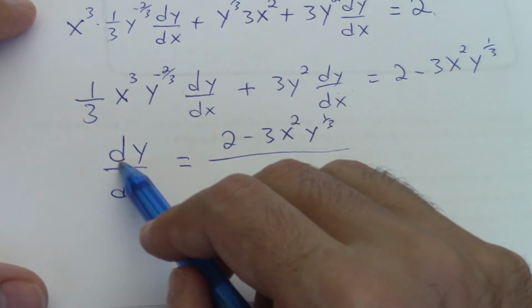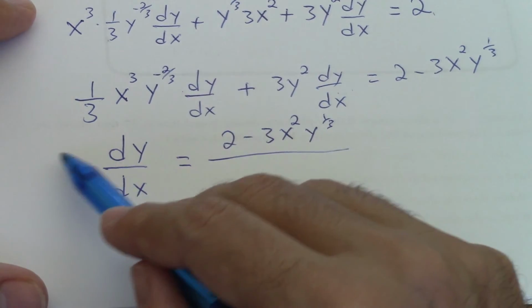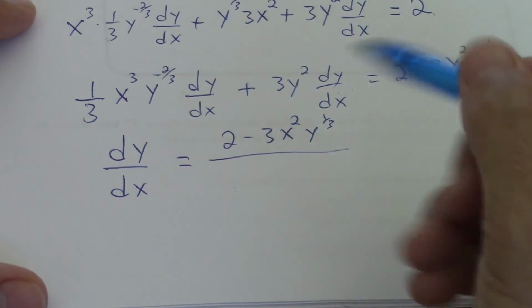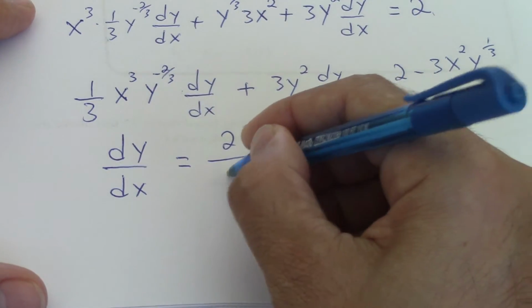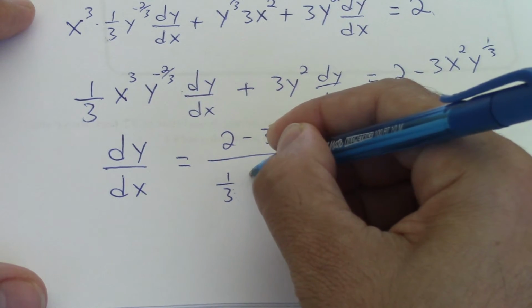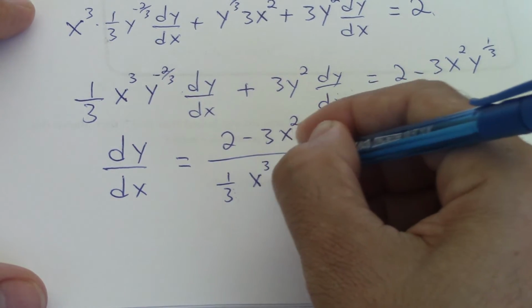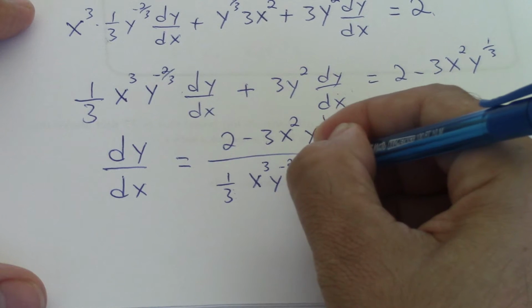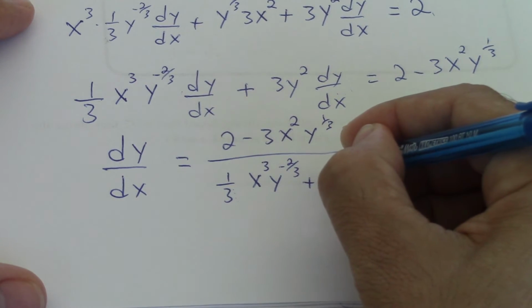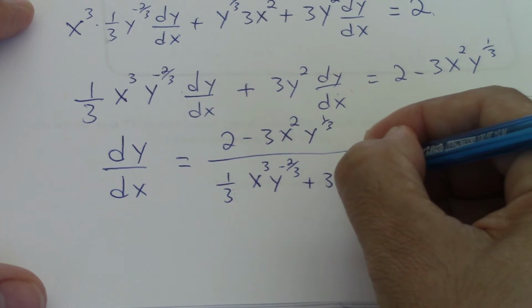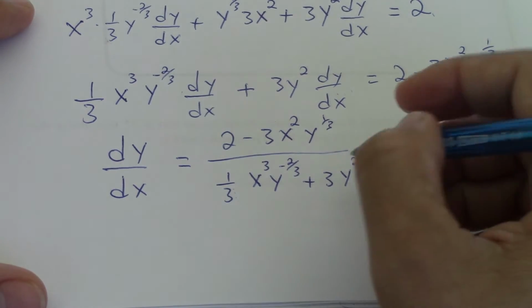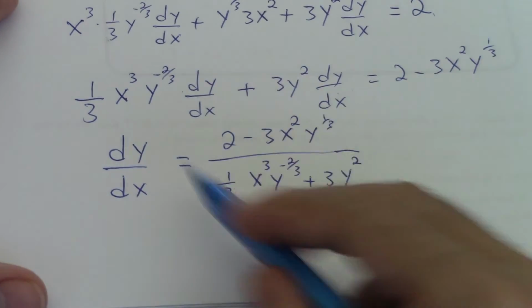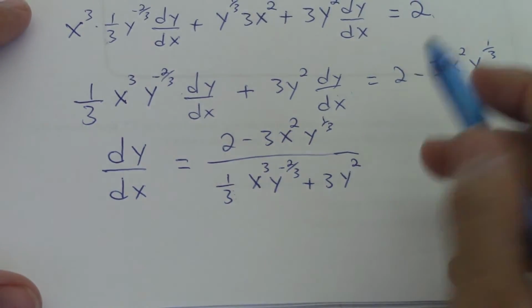We put those 2 outside, so it's this plus this multiplying, and then you move down to the bottom. So that would be 1/3 x to the third, y to the negative 2/3, plus 3y squared.